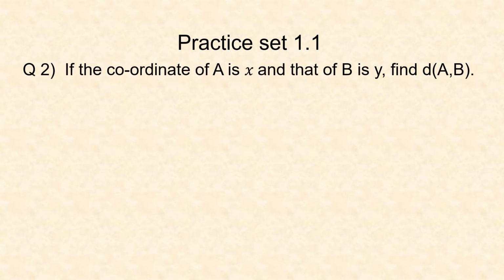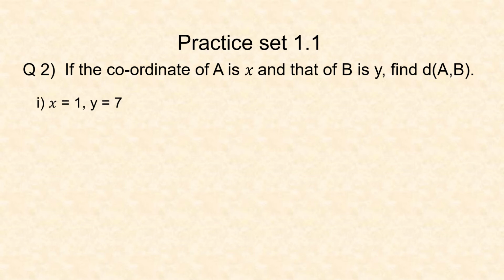Now we solve practice set 1.1 question number 2. If the coordinate of A is X and that of B is Y, find distance between point A and B. Here in first example, X is equal to 1, Y is equal to 7.